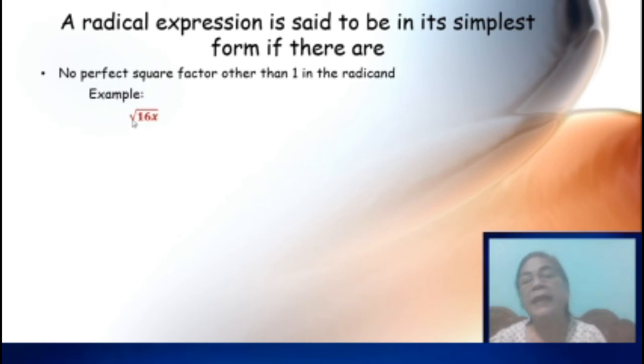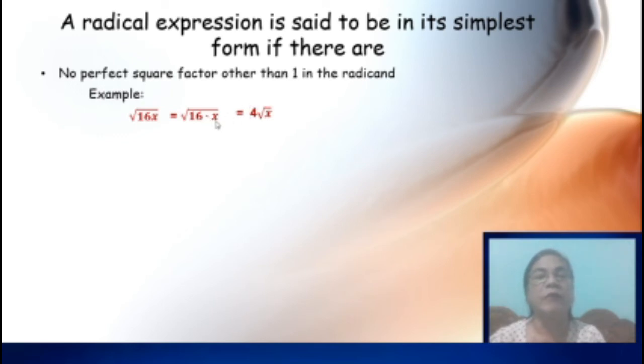How do we read this again? This is square root of 16x. So that could be written as square root of 16 times x. So what is square root of 16? That is 4. So we put it outside already.